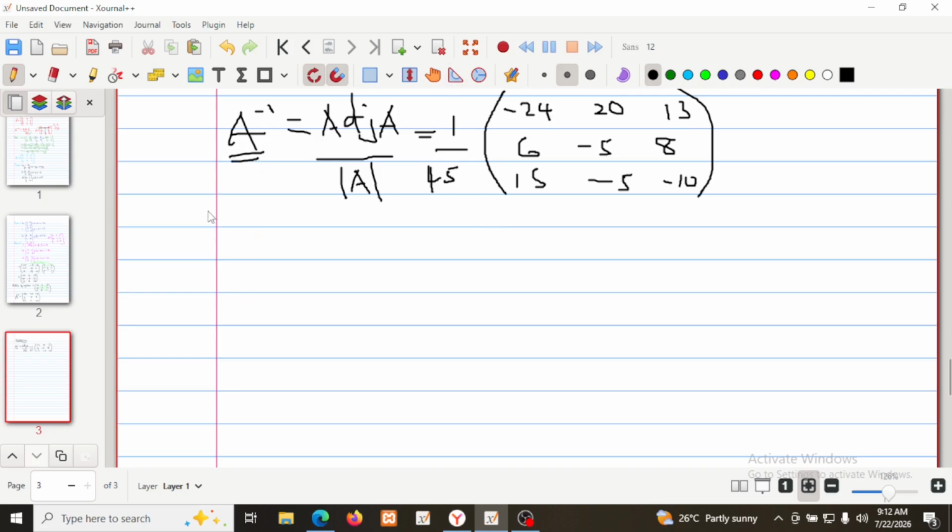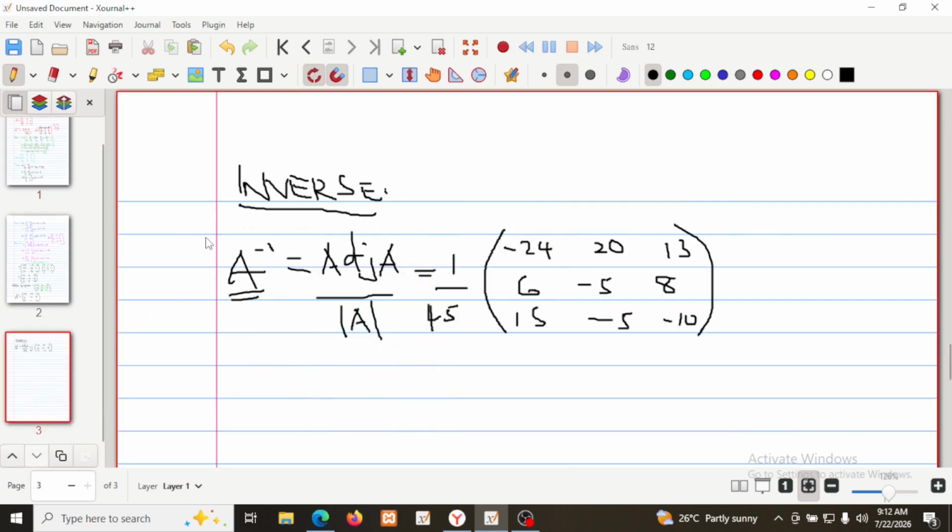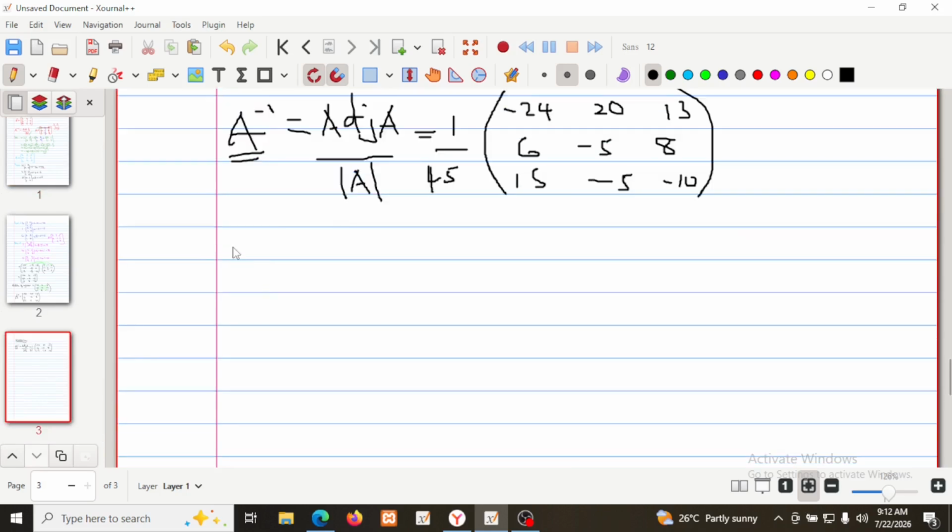But remember, the question said determine the product of the inverse and the transpose. Now we have the transpose and we have the inverse, which we have just calculated. So we are now finding the product here.